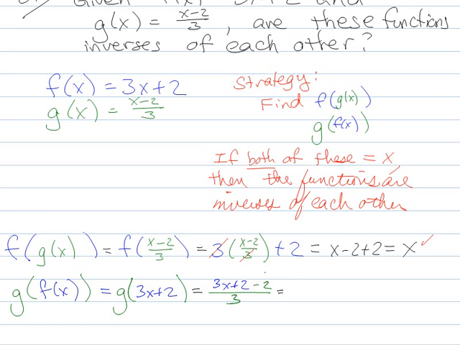And as I simplify, I can see the plus 2 and the minus 2 cancel out. So 3x over 3, and that equals x. So it's actually very, very elegant. So we can say, yes, these are inverses of each other because f of g of x is x and g of f of x is x. So they both work. It's actually kind of cool.